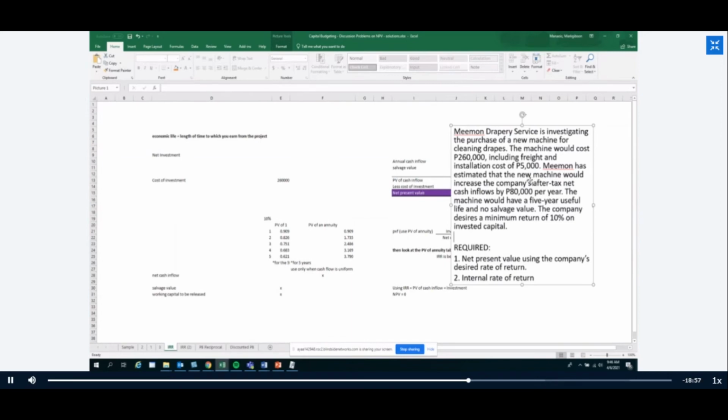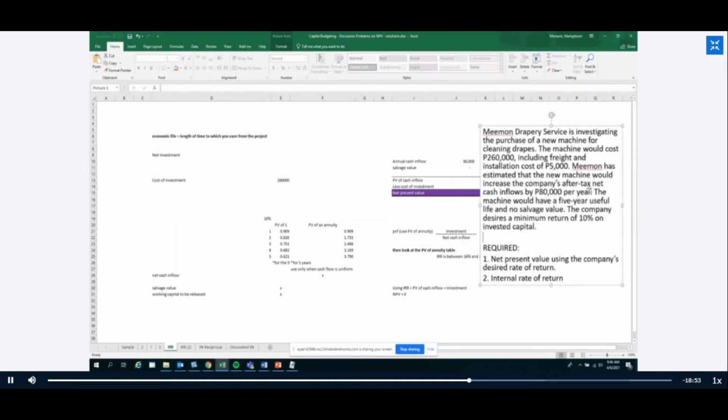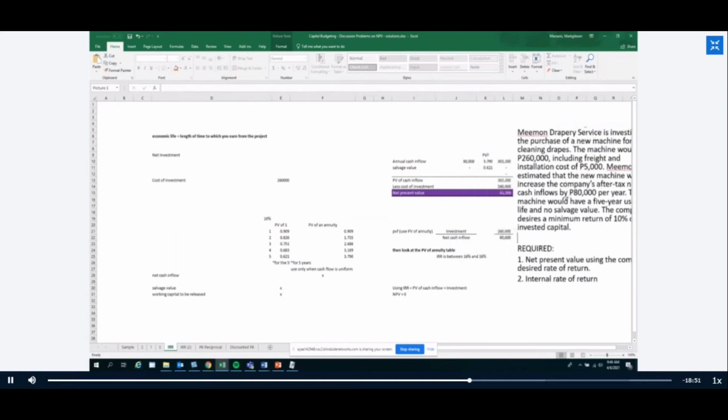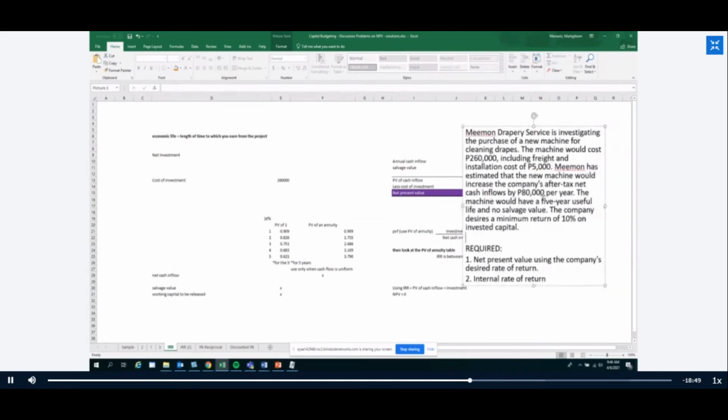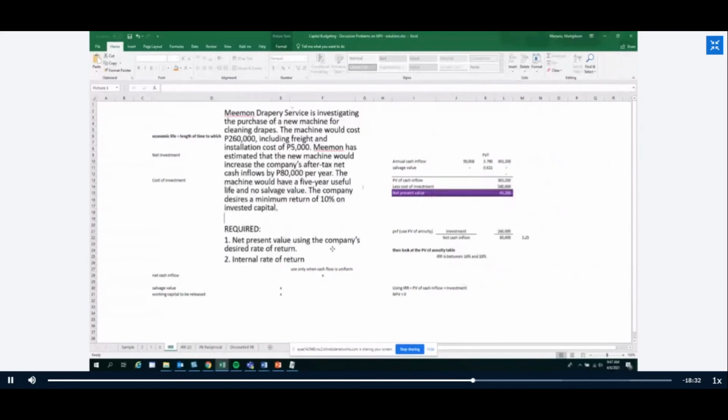Mimon has estimated that the new machine would increase the company's after-tax net cash inflows by 80,000 per year. The machine would have a 5-year useful life and no salvage value. The company desires a minimum return of 10% on invested capital. So, number 1, net present value using the company's desired rate of return, and internal rate of return.